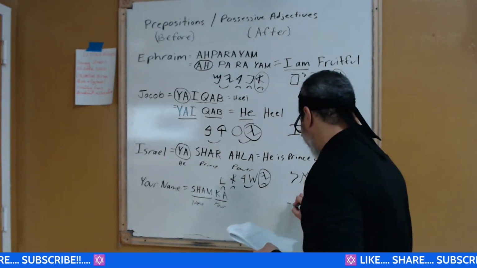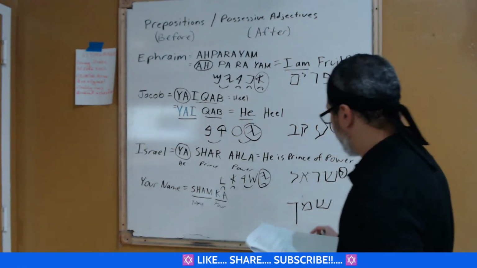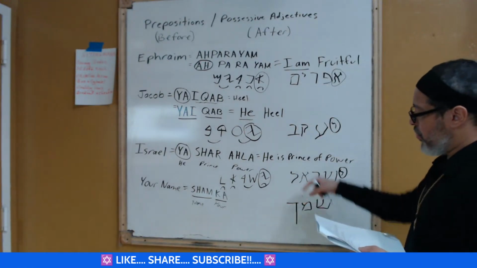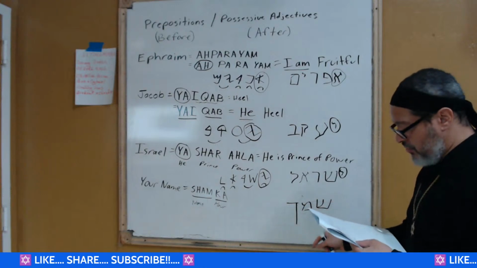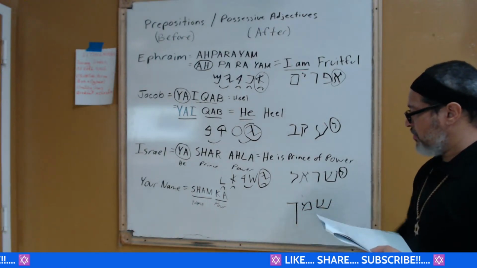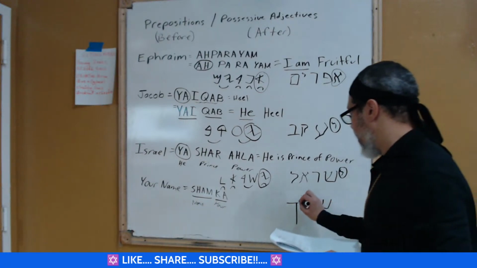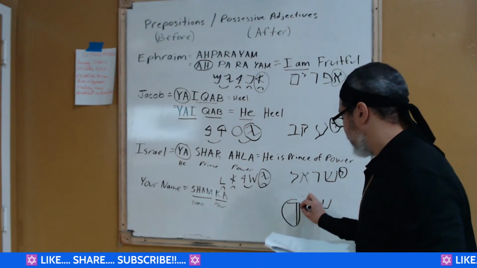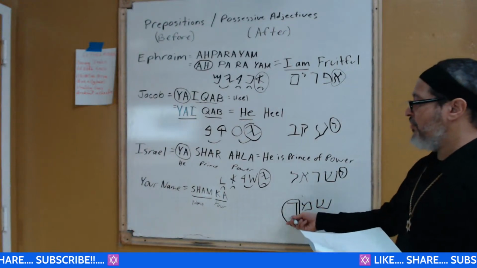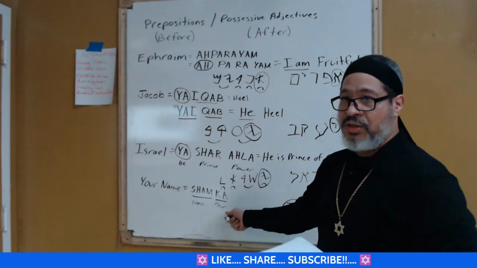Now, because this appears at the end of the word, this is the real long one. It goes wide across and long down. So that's sham ka. This ka, because it's at the end of the word, is equal to your.